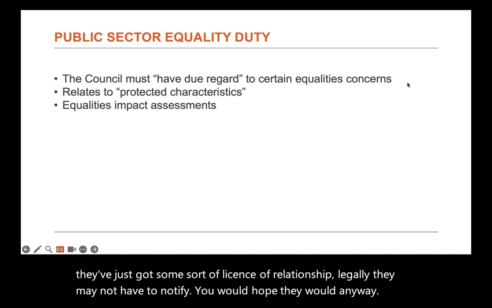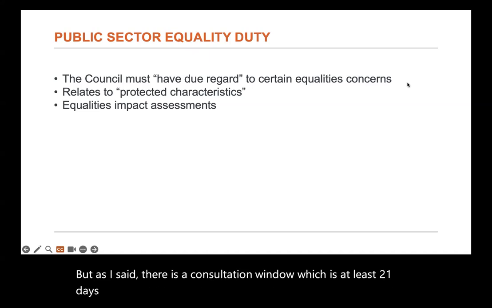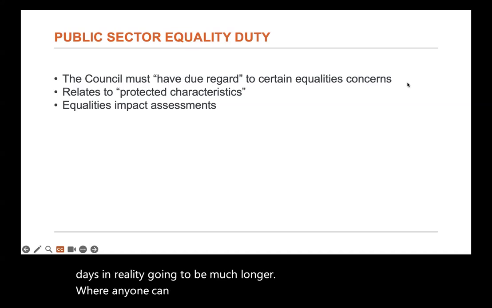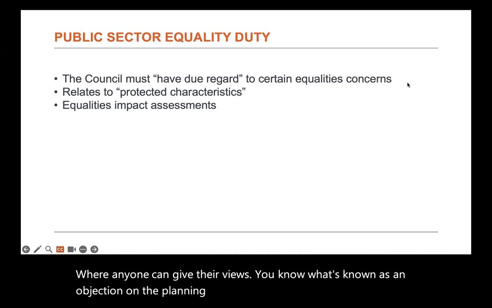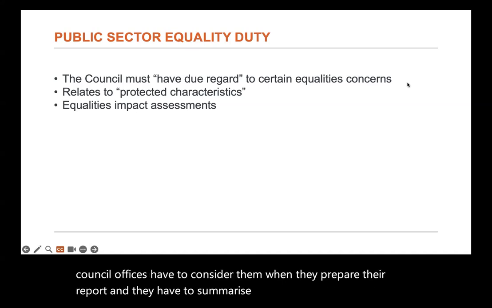But as I said, there is a consultation window, which is at least 21 days, in reality going to be much longer, where anyone can give their views, what's known as an objection, on the planning portal on the council website. And the council officers have to consider them when they prepare their report, and they have to summarize them in their report.